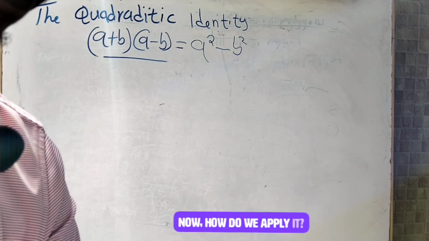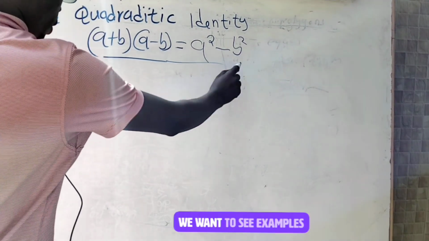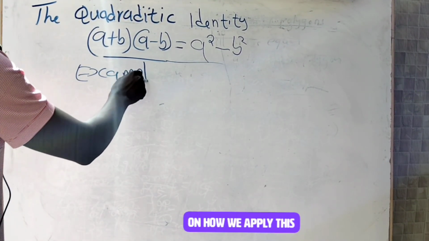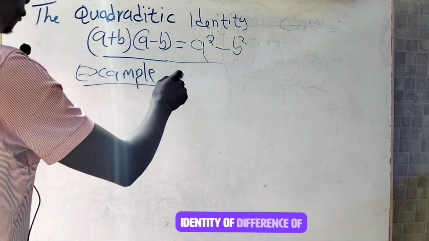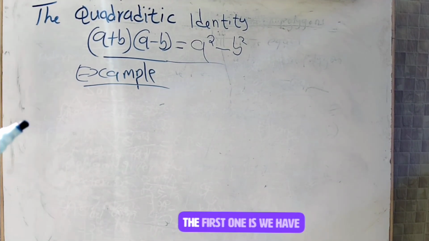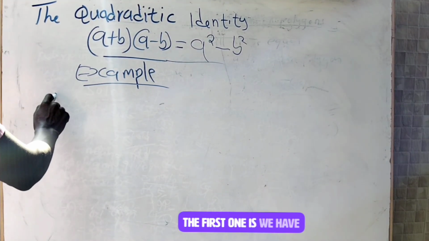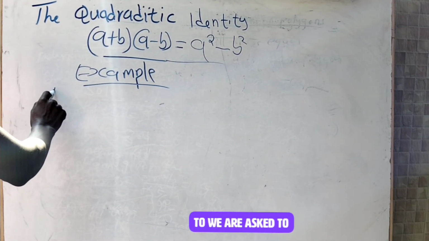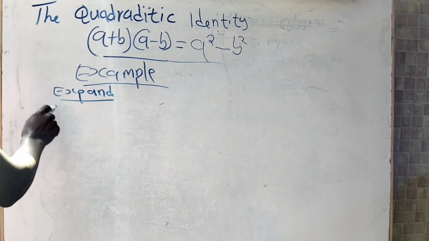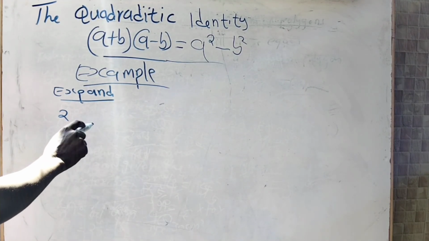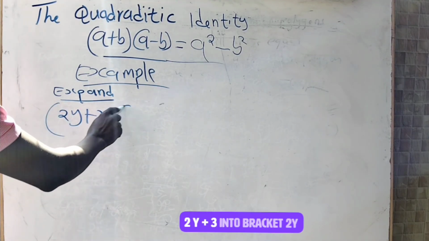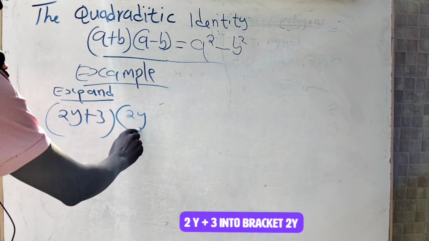Now, how do we apply it? We want to see examples of how we apply this identity of difference of two squares. The first one: we are asked to expand 2y plus 3 into brackets 2y minus 3.